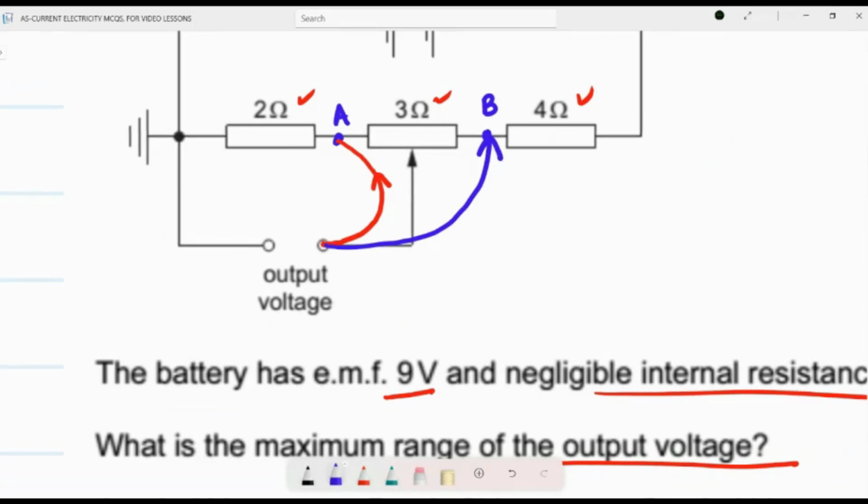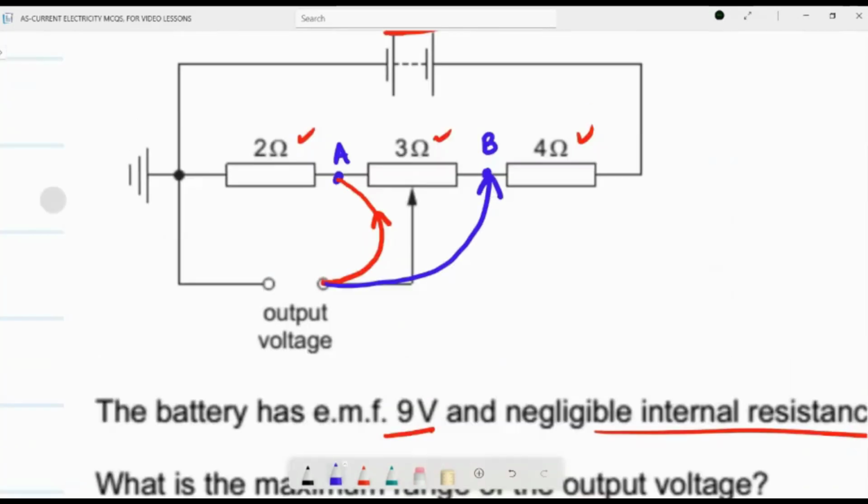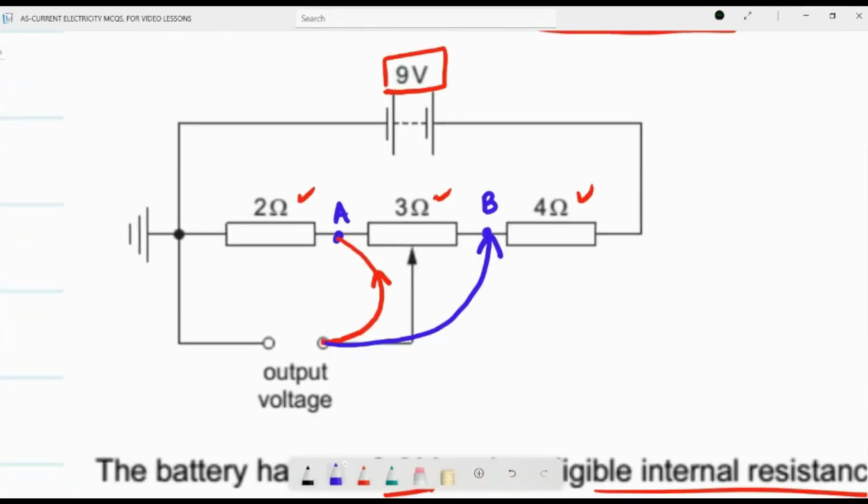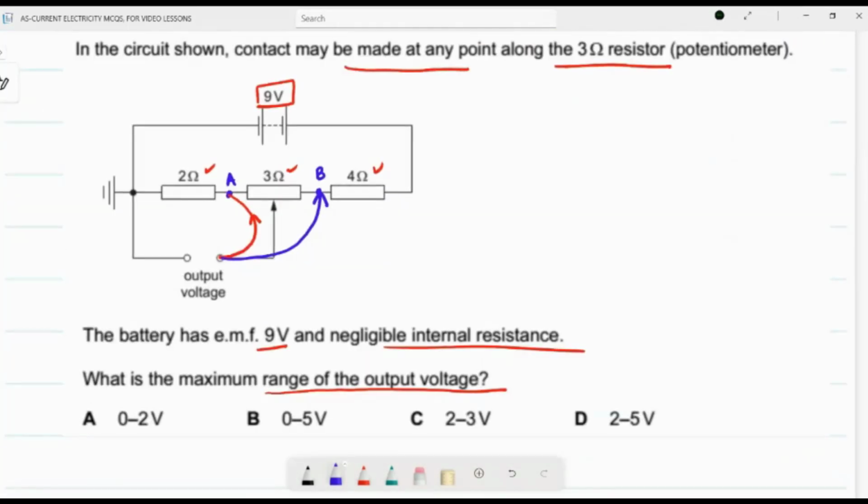So once I connect the slider at point A, and then I move the slider to position 2, sorry, position B. For position A, I call it VA.